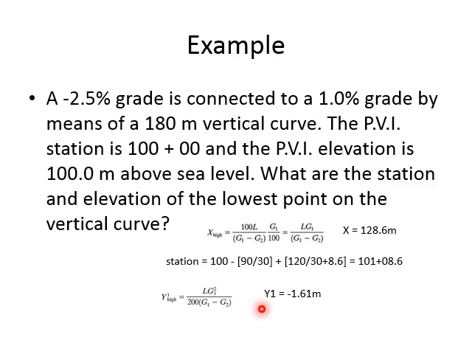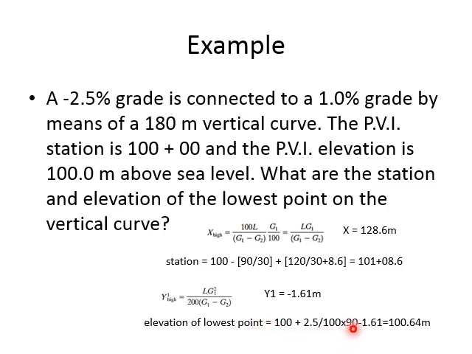We want the elevation from the 0 point. This is not from the 0 point, this is from the beginning of the curve. From the 0 point, the elevation of PVI is given as 100 meters. So if I want the elevation of the lowest point of the curve, I'll do this: 100, which is the elevation of PVI, plus 2.5, which is the first gradient, upon 100 because it's in percentage, multiplied by 90. What is 90? The distance between PVI and BVC.